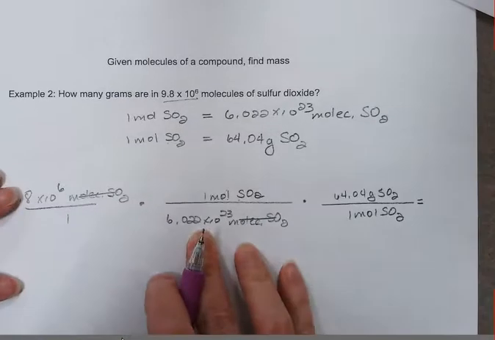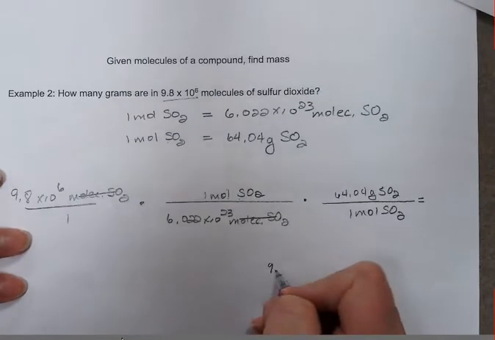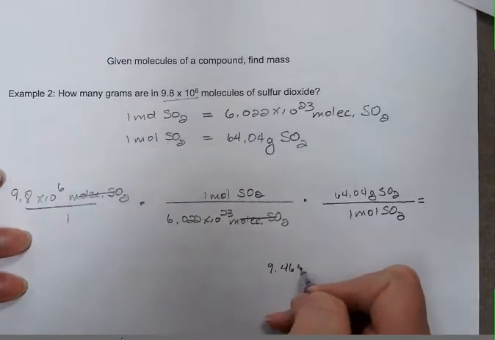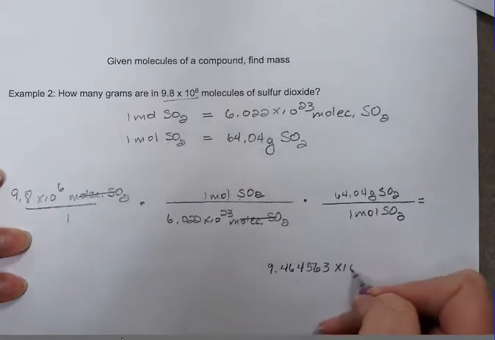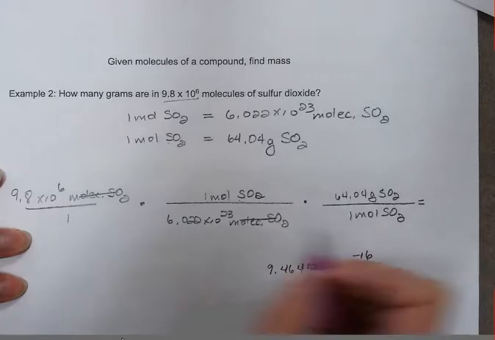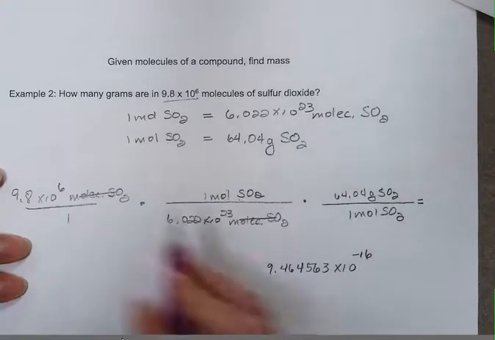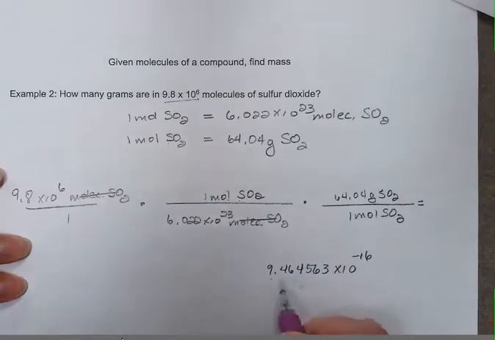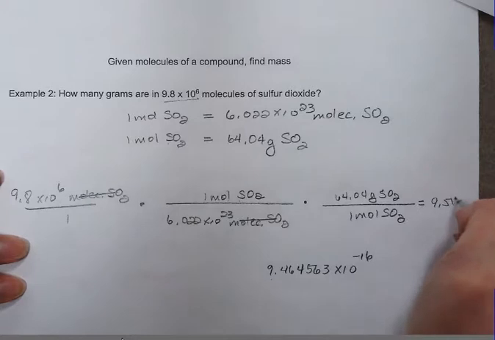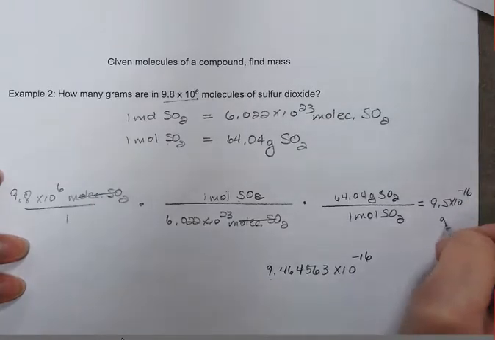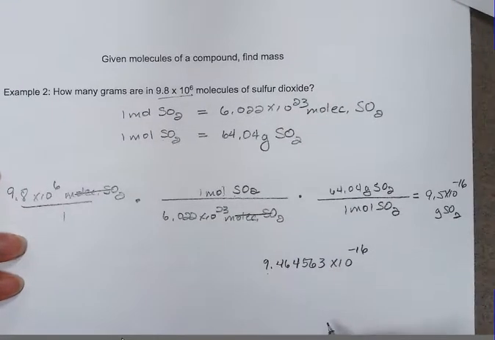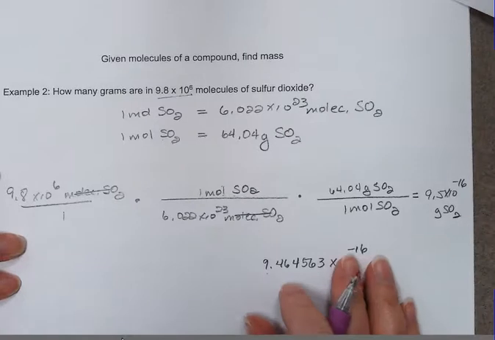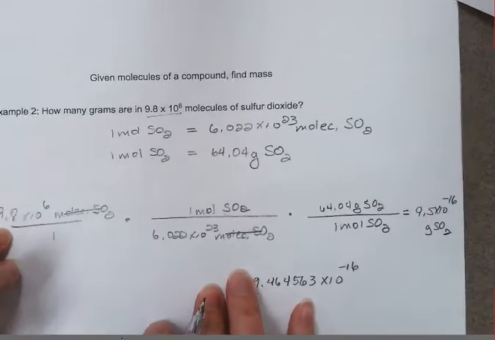And multiply and then divide, and we get an unrounded answer of... We have two significant digits, so 1, 2, look to the right and round up. Oh, I'm running out of room. Grams of sulfur dioxide. Okay. All right, let's look at the next one.